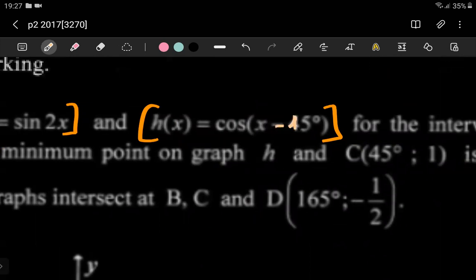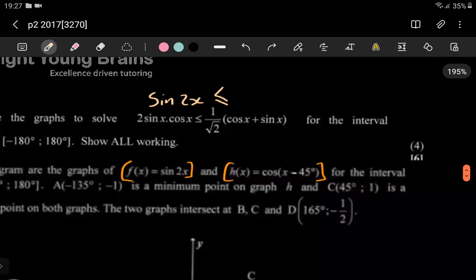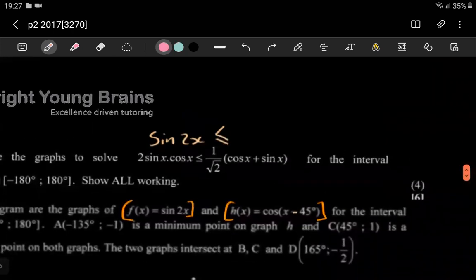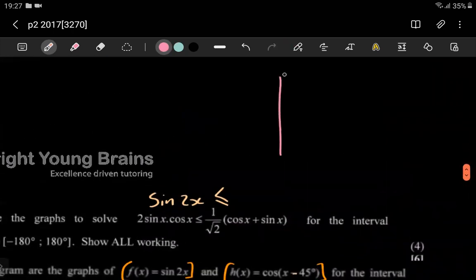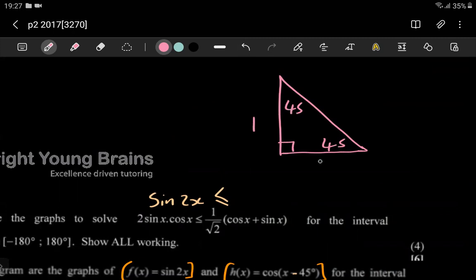The fortunate thing with this 45 degrees on its own is that it reminds us of our right angled triangle. This 45 here and this number 1 over square root of 2, I'm already thinking of this special triangle, because it has 1 and 1 here and square root of 2 here.